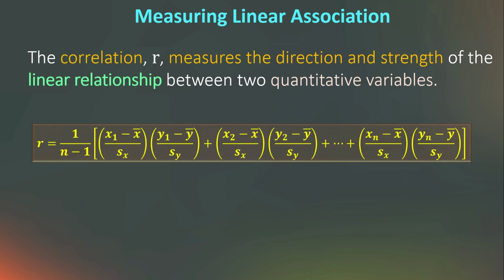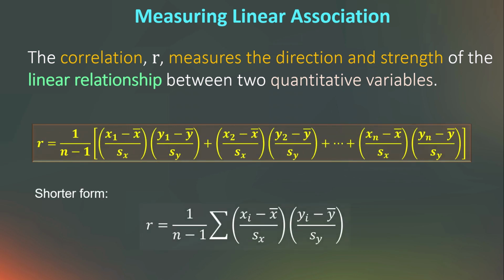This is the formula for r, the short form. r equals 1 over n minus 1, where n is the number of points, times the summation of (xi minus x bar over sx) times (yi minus y bar over sy). x bar and y bar are the averages of x and y respectively. sx is the standard deviation of x and sy is the standard deviation of y.